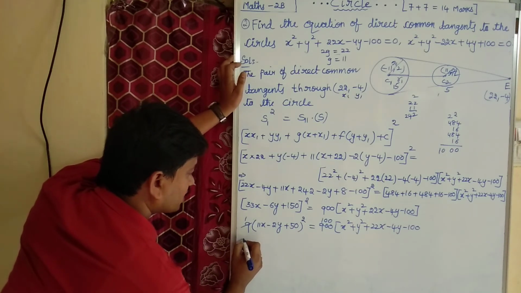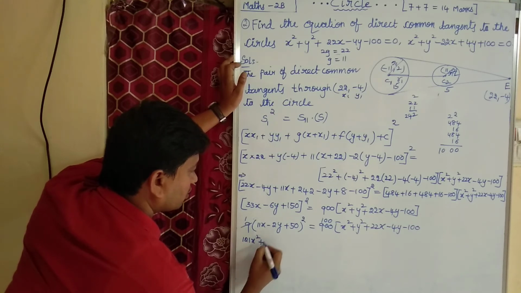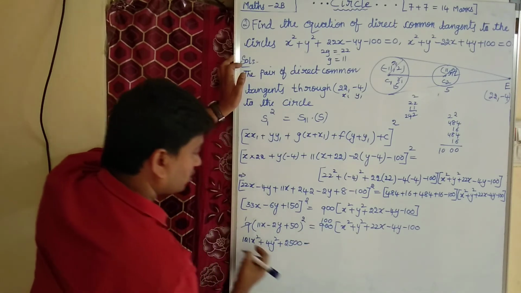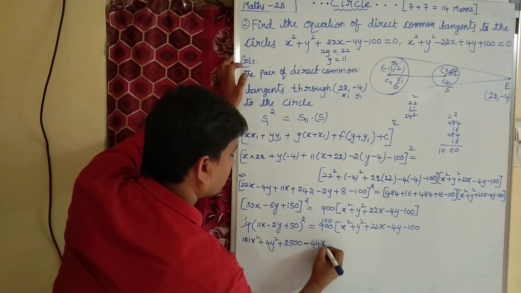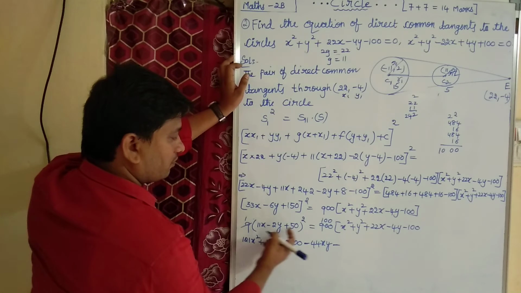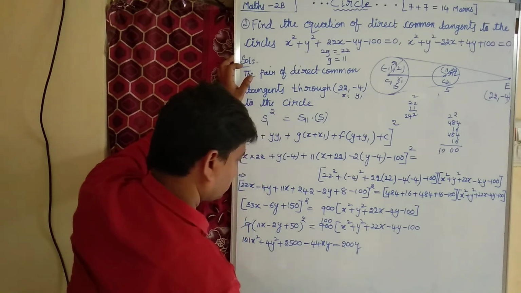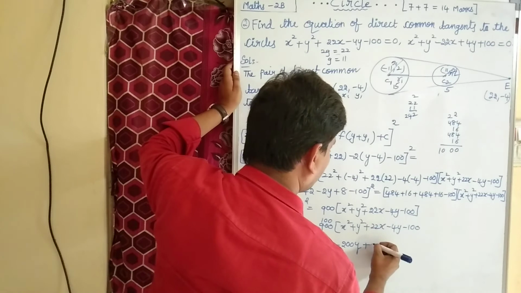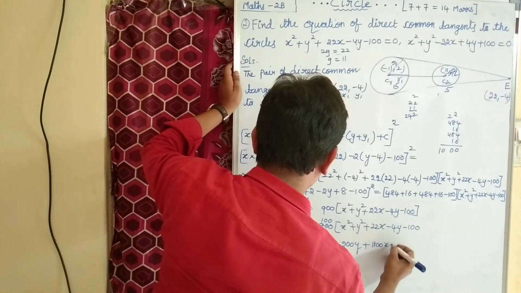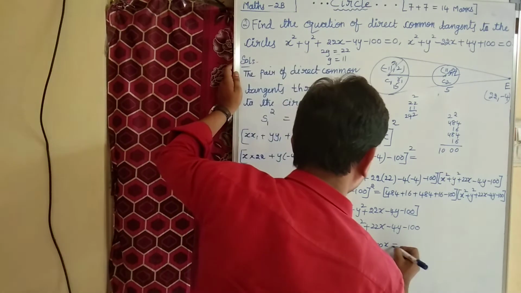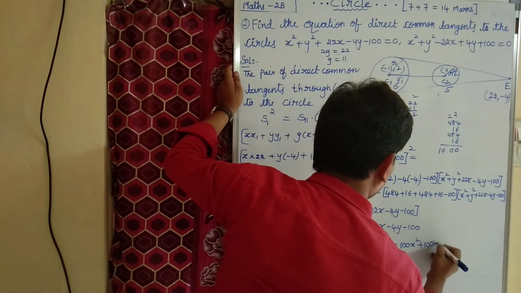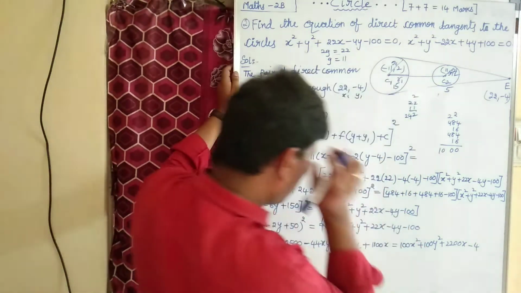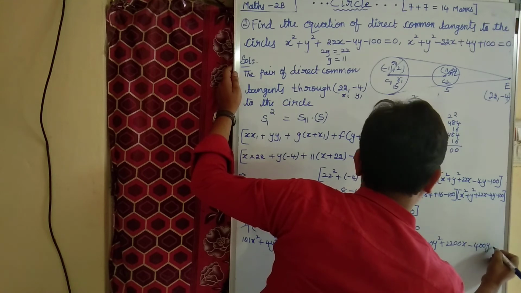So 11x whole square means 121x square, 2y square means 4y square, 50 square means 5 5 is 2500, minus 2 11 is 22, 22 2 is 44xy, minus 2 2 is 4, 4 5 is 20, 200y, plus 2 into 50, 100, 100 into 11, 1100x, which is equal to 100x square plus 100y square plus 2200x minus 4 into 100, 400y, minus 100 into 100.